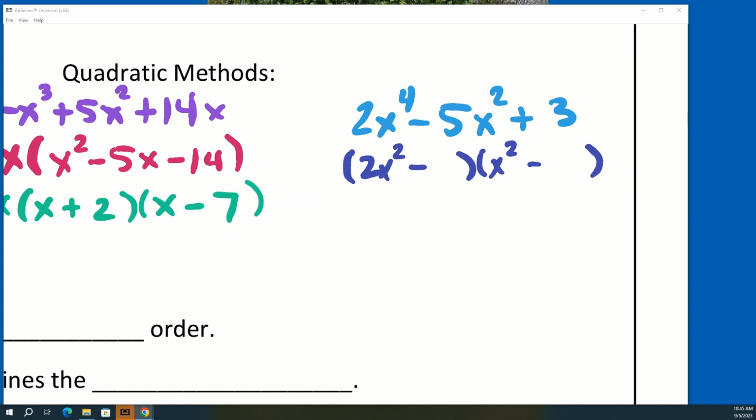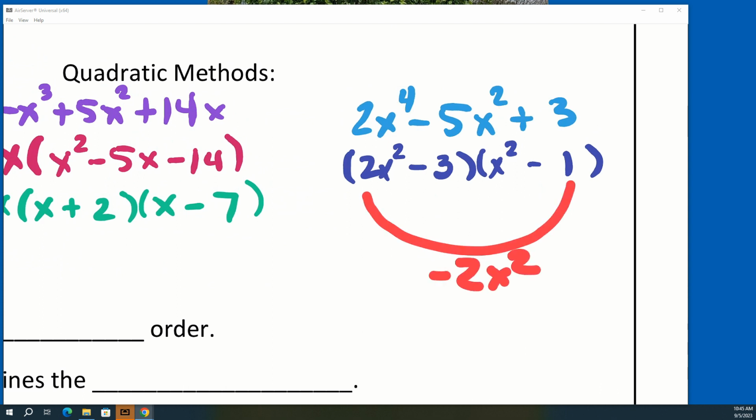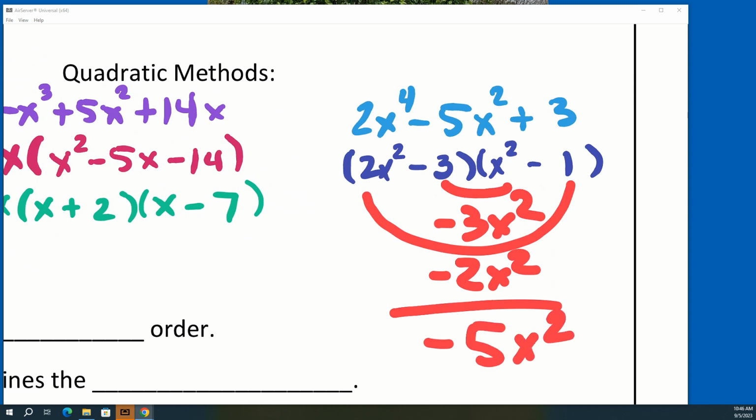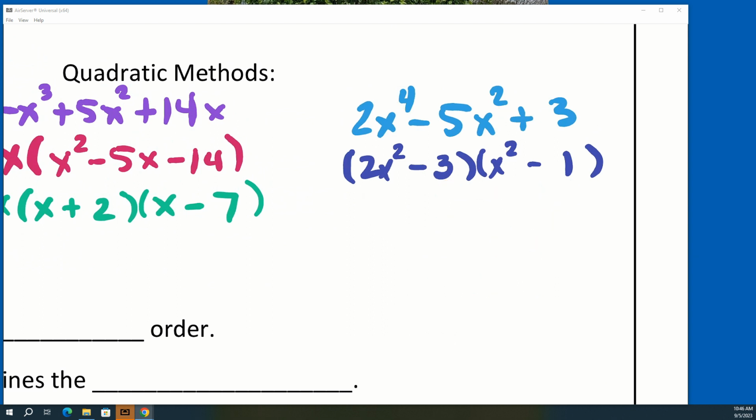All right, so did you guys put the 3 with the 2 in the parentheses or in the other one? With the 2, yeah. Good job. So that's going to be negative 2x squared. That's going to be negative 3x squared. And they definitely add to give you negative 5x squared. Are we done? We're not quite done. x squared minus 1 is the difference of squares.